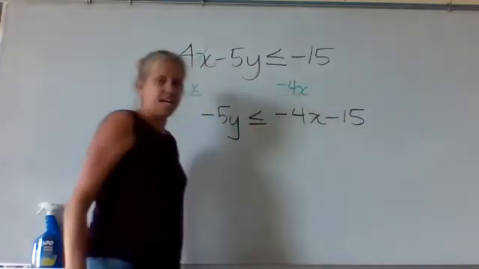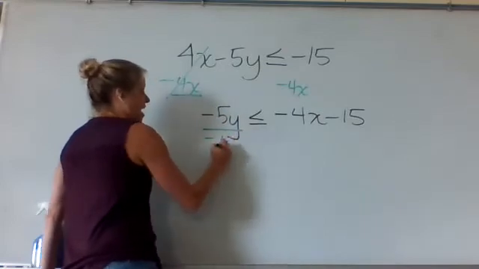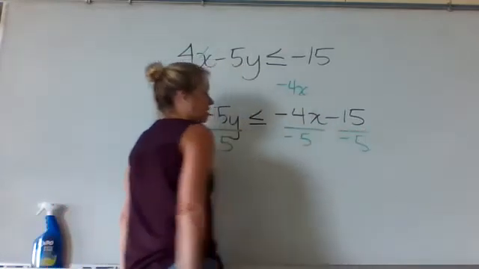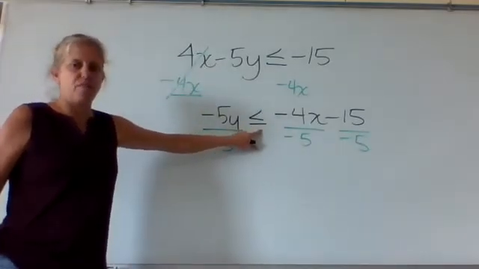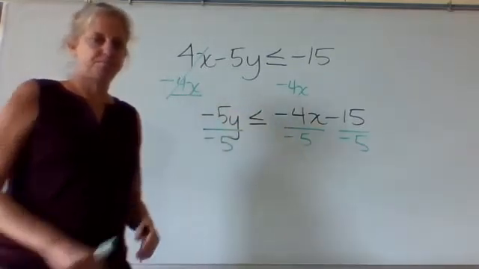So -4x minus 15. Now, the next step is you have to divide by -5, everything on both sides, to get that y by itself.